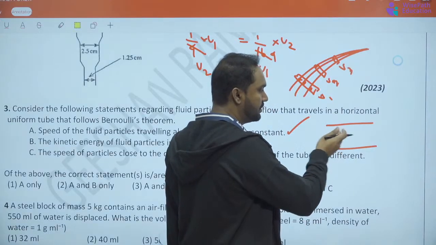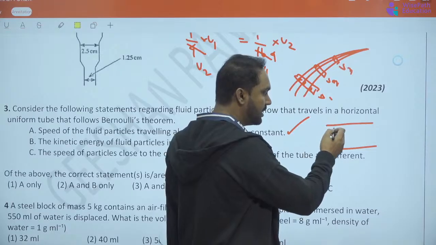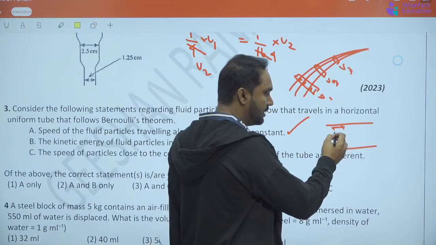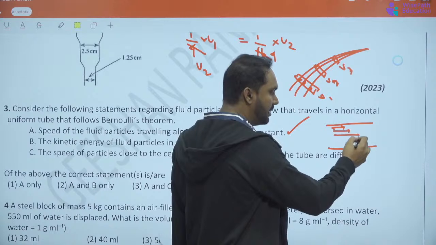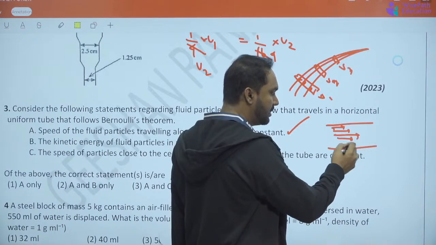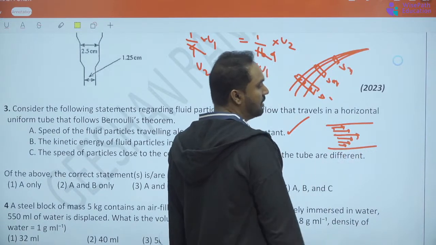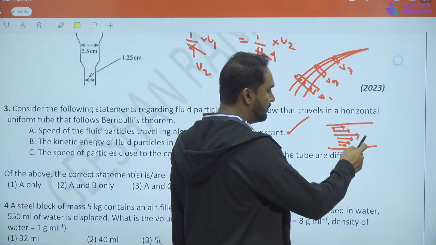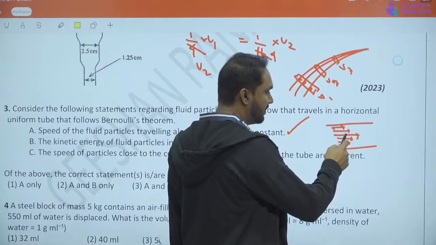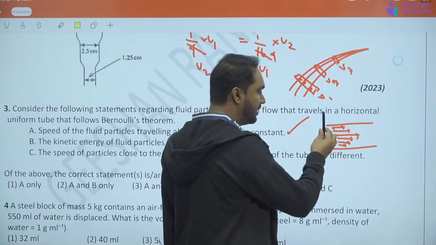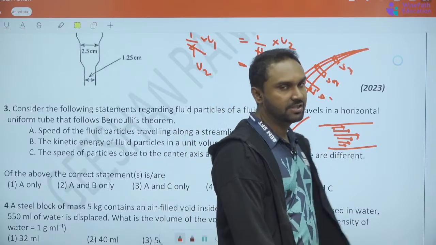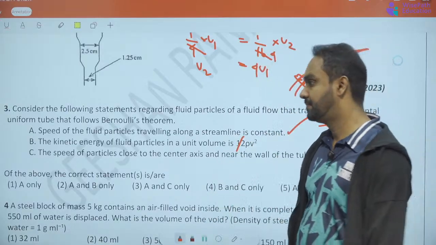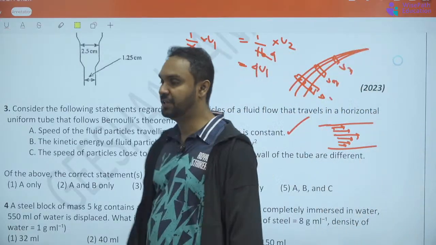So closer to the walls, the velocities will be less, and when it goes to the middle the velocity will increase, and then again toward the wall the velocity will change. So the velocities of these different points are different when there is friction in the canal or in the fluid stream.